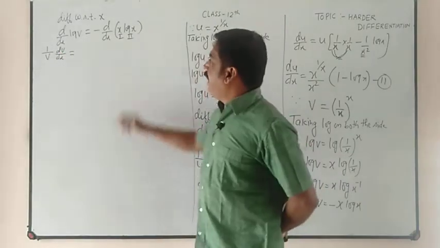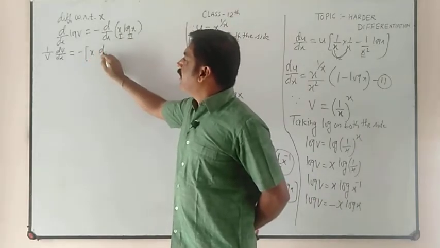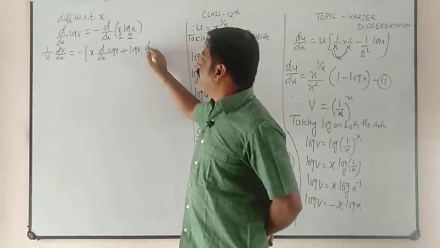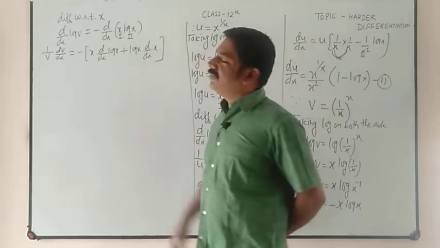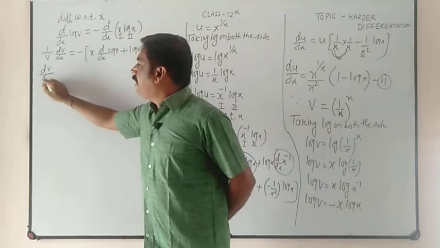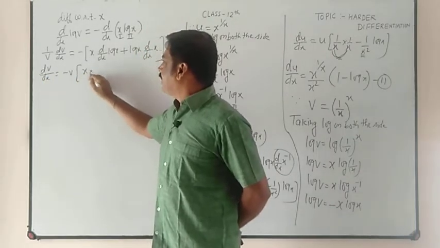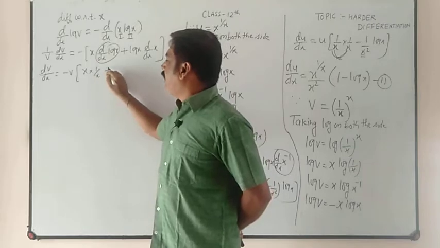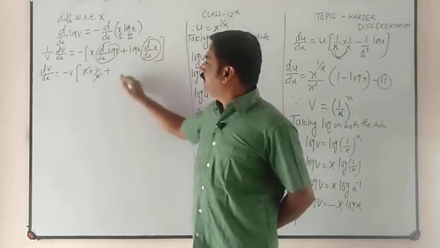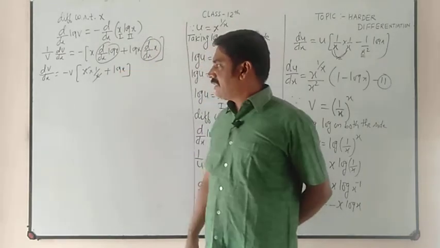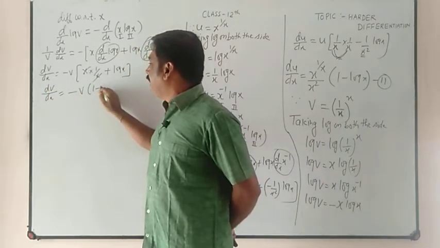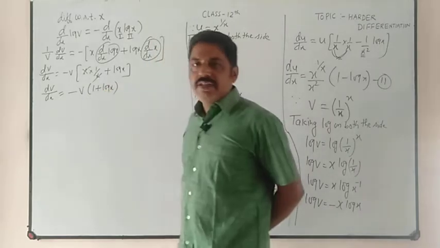Clear? And apply the product rule: first function into differentiation of second function plus second function into differentiation of first function. Clear? Cross multiplication of v. So dv upon dx is equal to minus v times x into differentiation of log x, which is 1 upon x, x cancels, and differentiation of x is 1, so we have only log x. So dv upon dx is equal to minus v in bracket 1 plus log x.